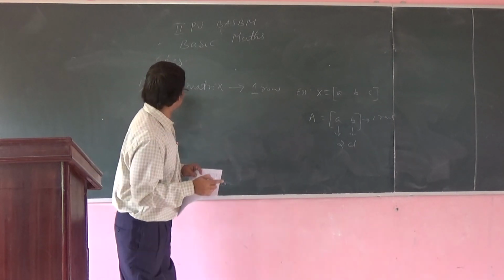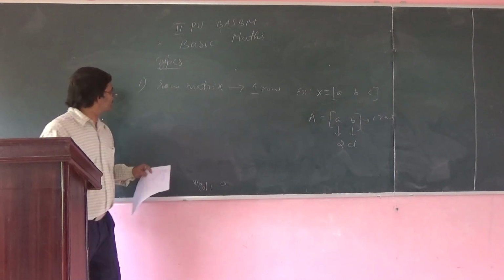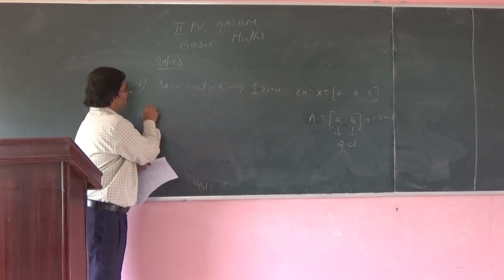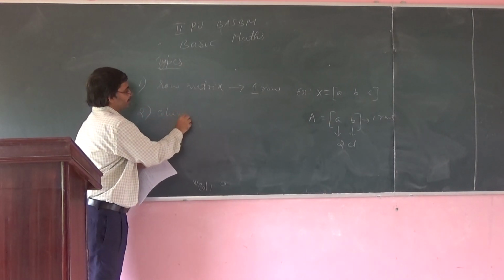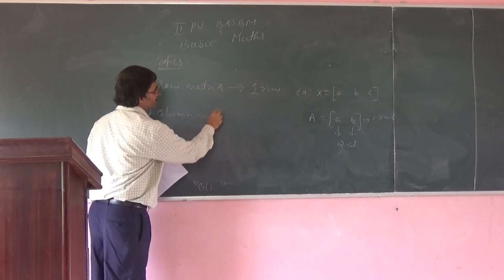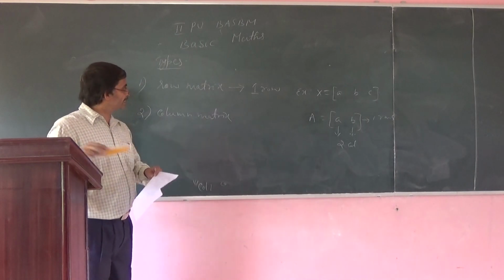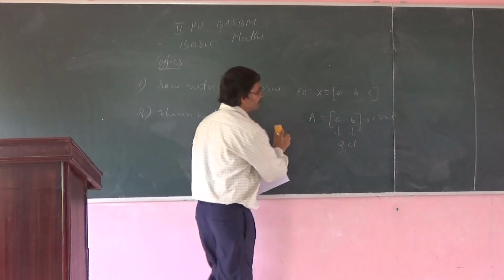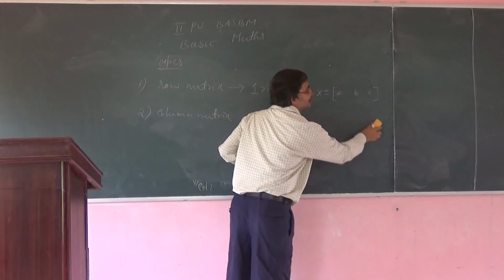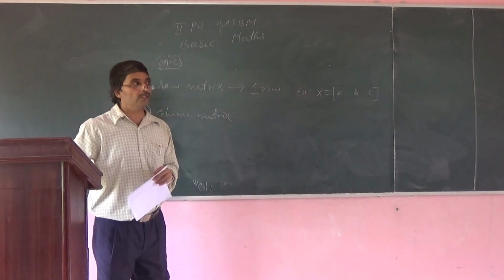Similarly, the next one is column matrix. Again the name suggests it has only one column.